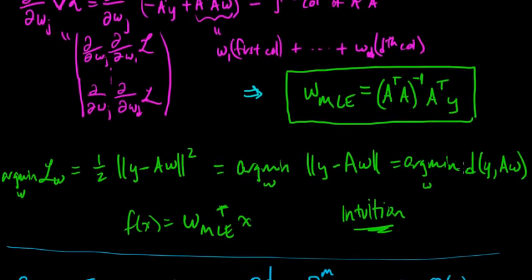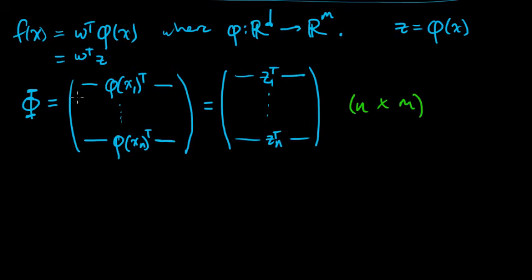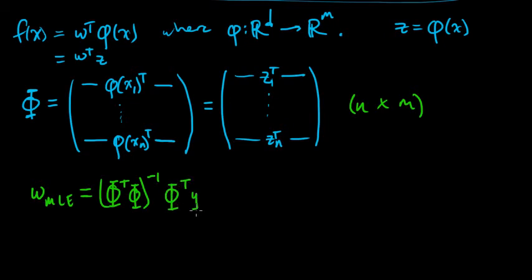So this solution, A transpose A inverse times A transpose Y, for a linear regression model using these basis functions, where we have to choose the basis functions we're going to use, would just be phi transpose phi inverse phi transpose y.